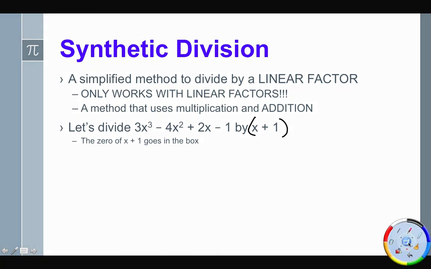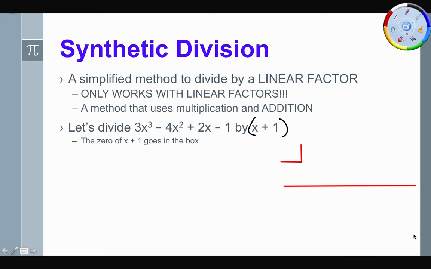So here's what synthetic division looks like every single time. You get to put a box here and a line here. Inside the box is the 0, or what makes that factor 0, or the opposite of the number on the inside. So -1 goes inside the box in this particular case because we're dividing by x plus 1.